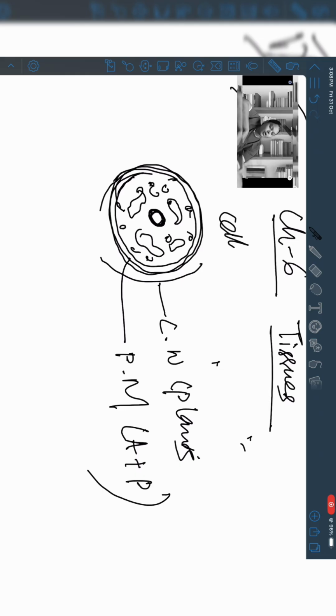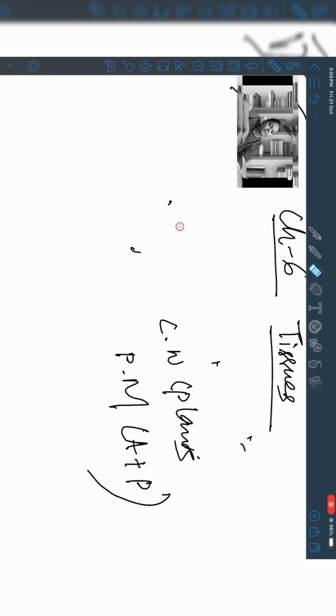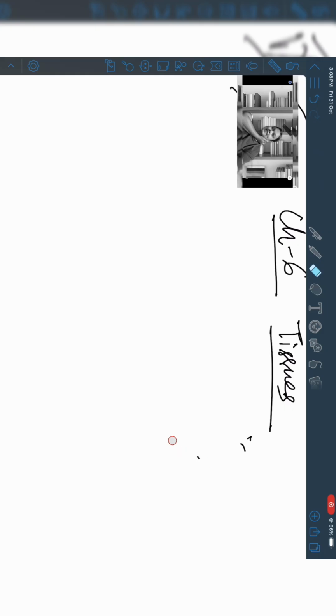Now, moving on to our topic. So now, tissues, as I said, are the group of cells and same type of cells, not different, same type of cells. So they combine together to make function work. Like suppose you may say, pardon me for my handwriting, cells form the tissue.